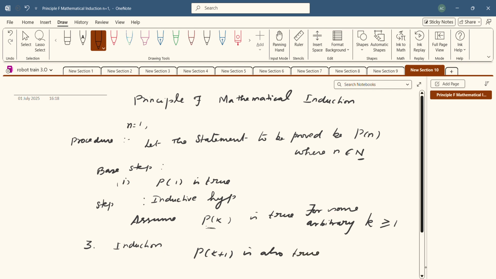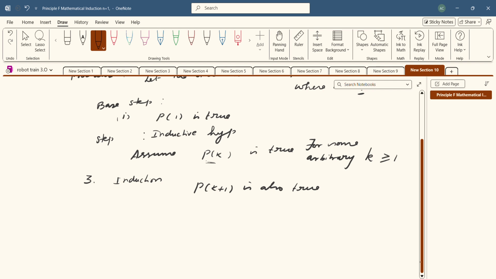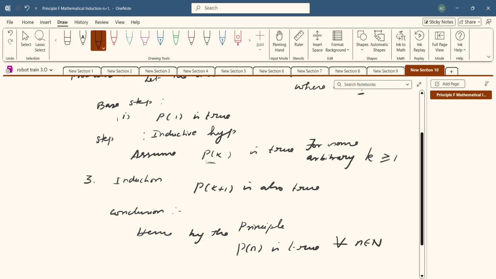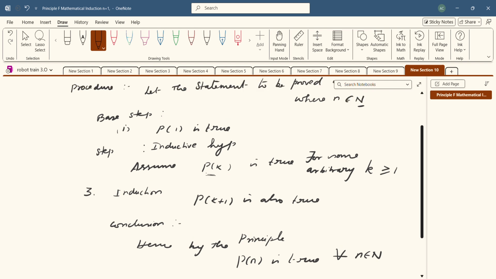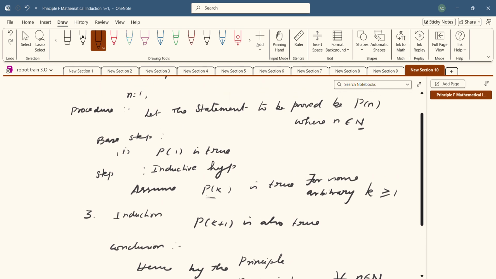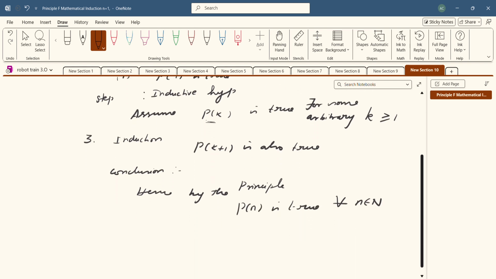Finally, we give the conclusion: hence, by the principle of mathematical induction, P of n is true for all n belongs to capital N. These are the steps we follow to prove a statement using mathematical induction. Now we talk about one problem.